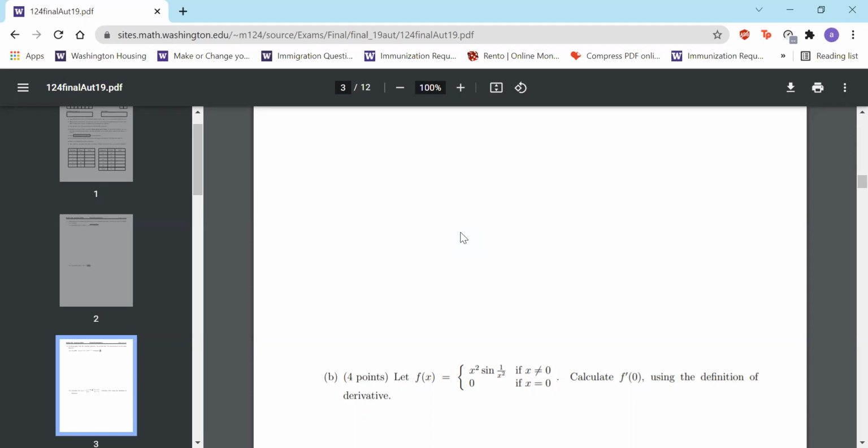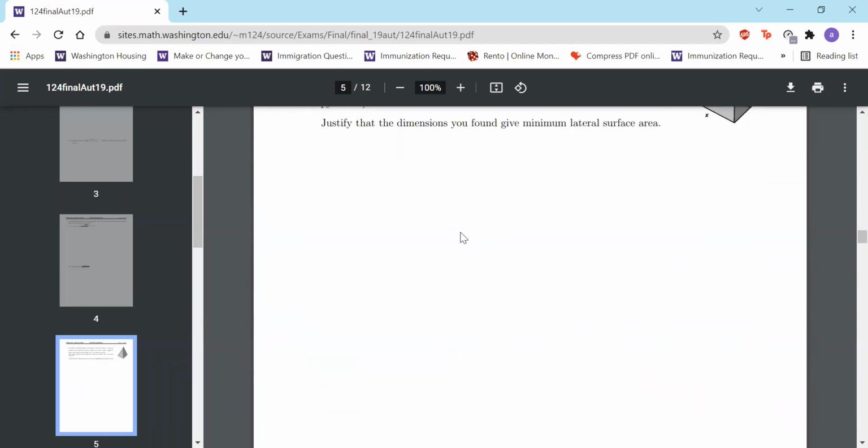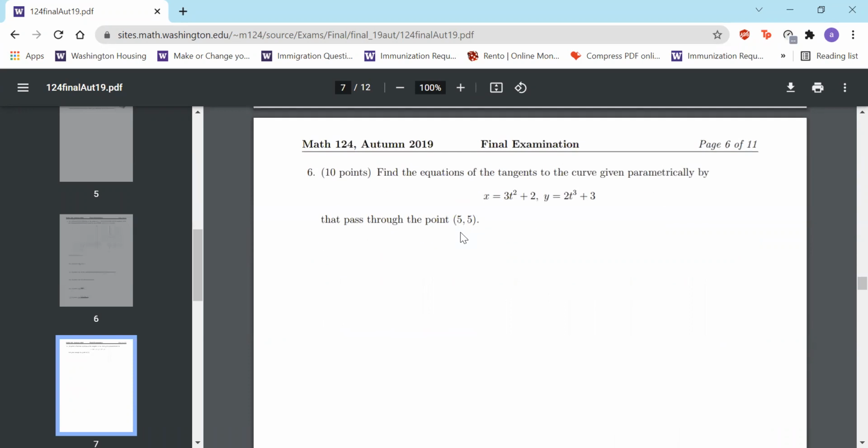So number 6, we have to find the equation of a tangent line, which involves the derivative. When you see parametric equations, always think dy/dx, which is y prime over x prime, so y prime of t over x prime of t.